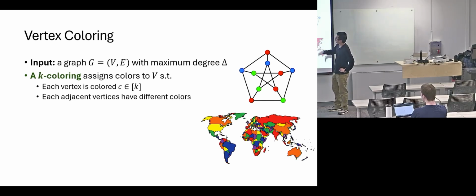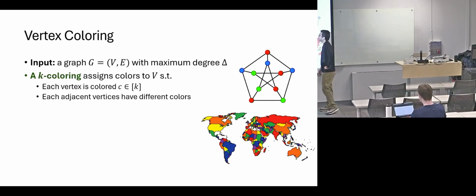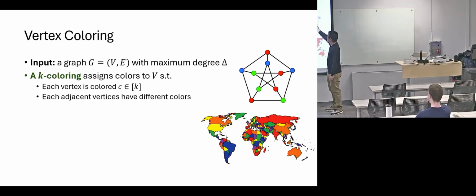What is k-coloring? It just assigns colors to vertices, such that each vertex is colored by a number from 1 up to k. So here is a 3-coloring of this graph because there are just 3 colors. And what we need is that any adjacent vertices must have different colors.